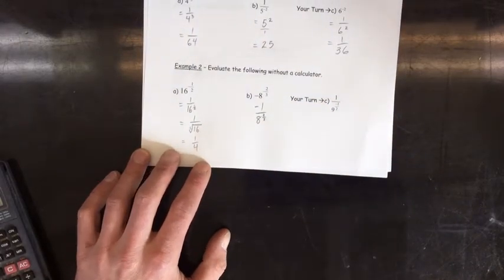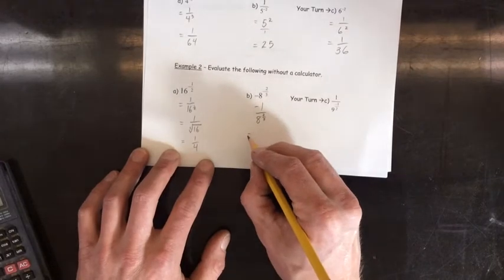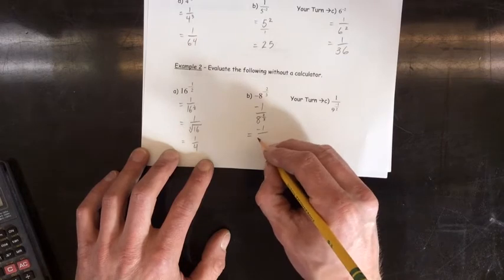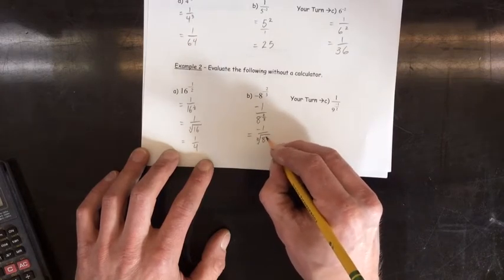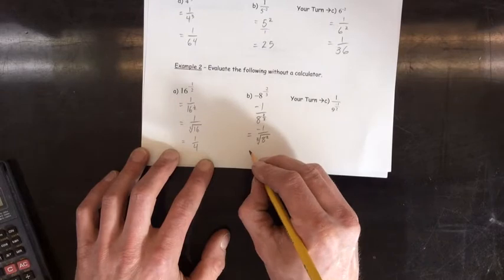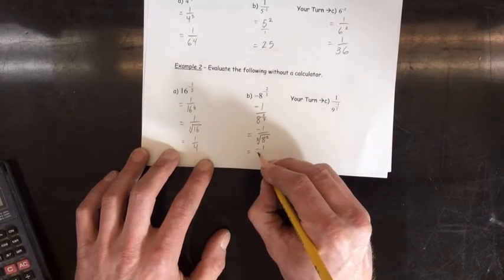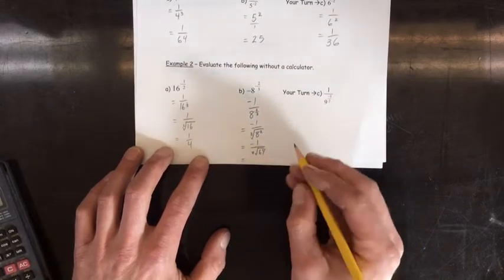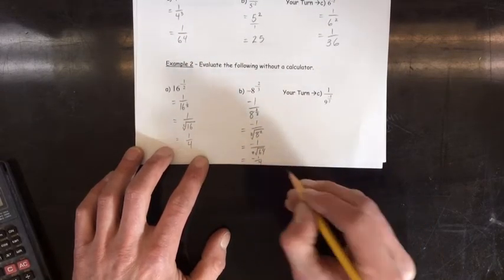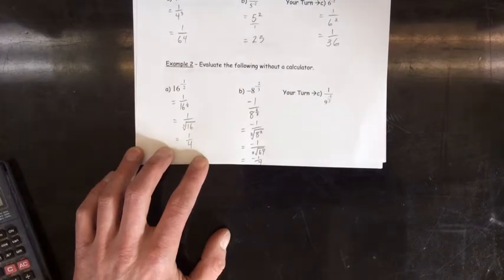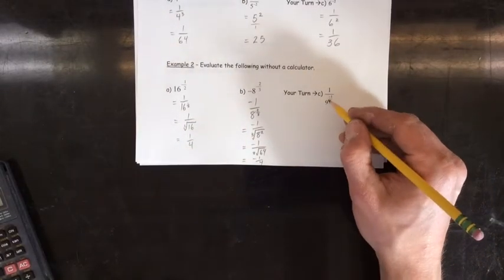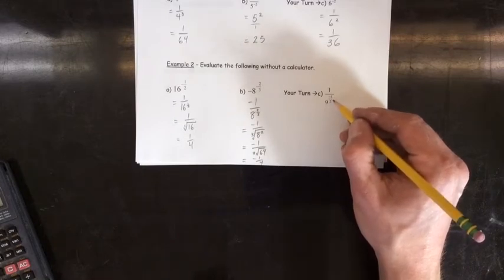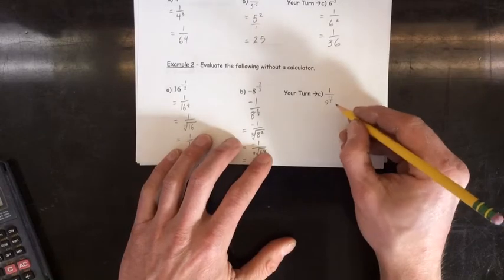Negative 1 over 8 to the power of 2/3, which is like negative 1 over the third root of 8 squared, which is equal to negative 1 over the third root of 64, which is equal to negative 1 over 4. Your turn. Try 1 over 9 to the power of negative 1/2. Deal with the negative first, and then take the power of 1/2.